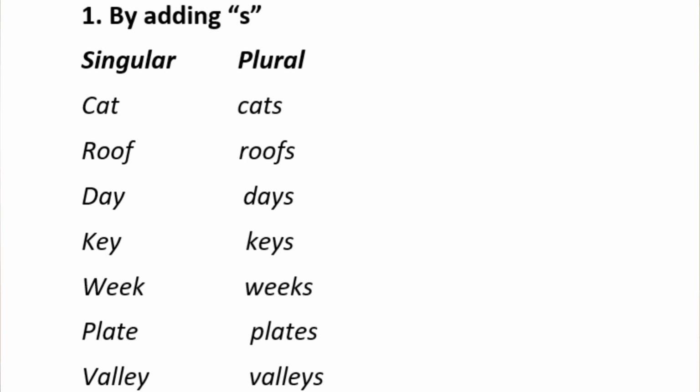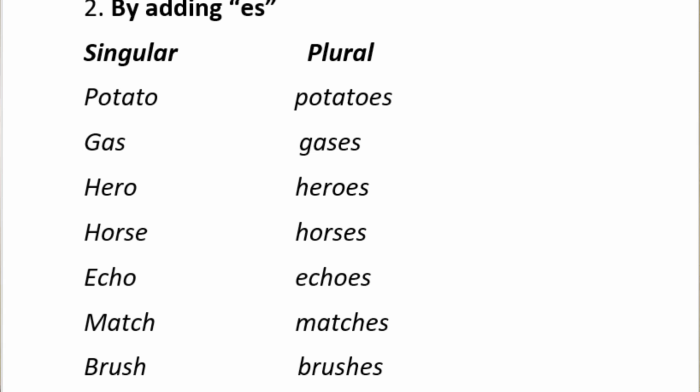Rule number 2 says, by adding es. I hope you're getting it now. By adding es to form the plurals of these nouns. Let's look at the examples: potato, gas, hero, horse, echo, match, brush, tomato, box.